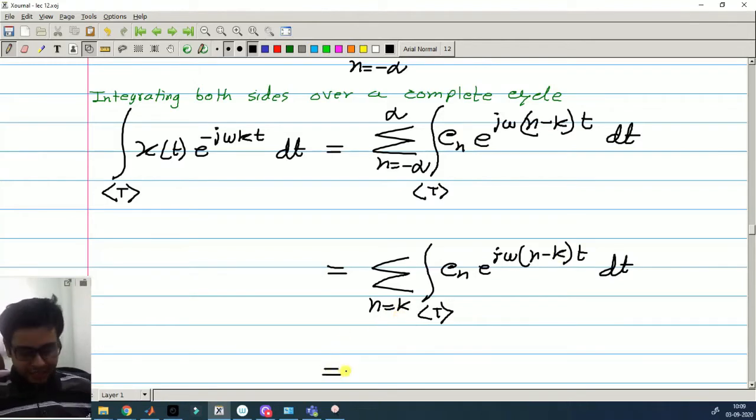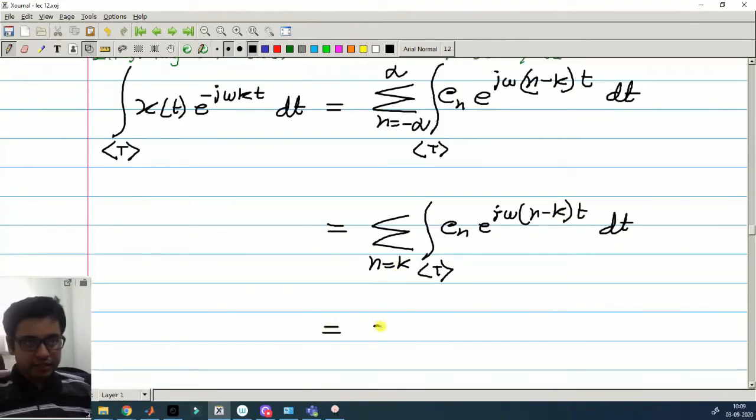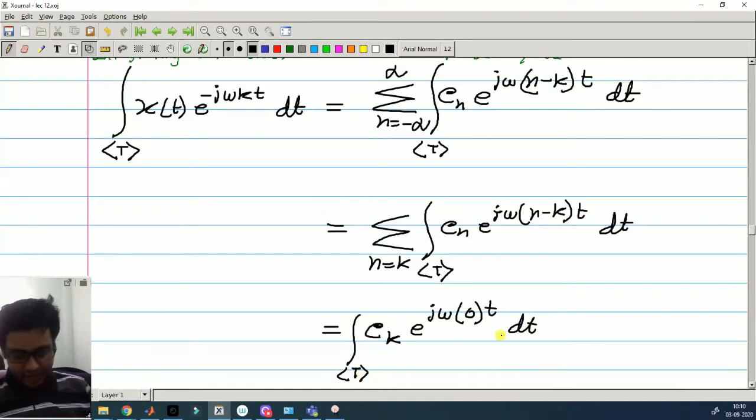So that means basically I have only one term, Ck, n equal to k, e to the power j omega (k minus k) t, which is e to the power 0, dt integrated over a complete cycle, and e to the power 0 is 1.